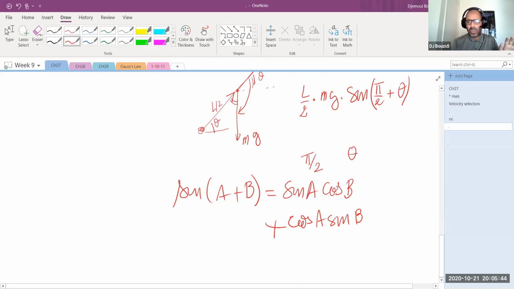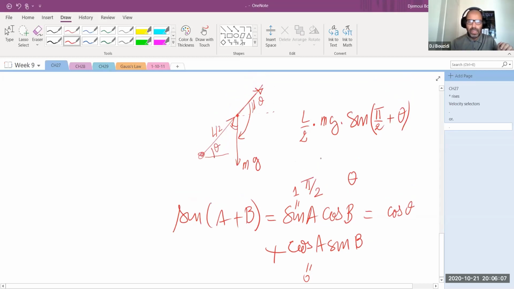So this is clearly cosine of theta because sine of pi over 2 is 1. This is 0 because cosine of pi over 2 is 0. And sine of theta, then it doesn't matter because 0 times that number is equal to 0. So the whole thing boils down to cosine of theta. Did I do something wrong in here? Yeah, but I measured this in the negative direction, clearly.